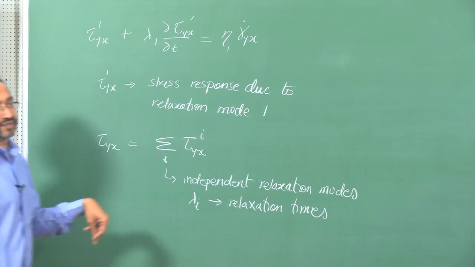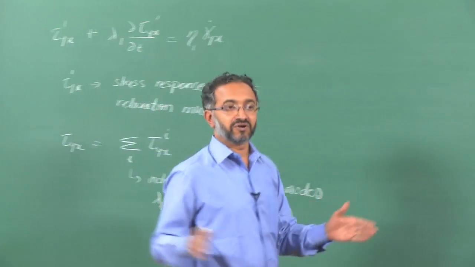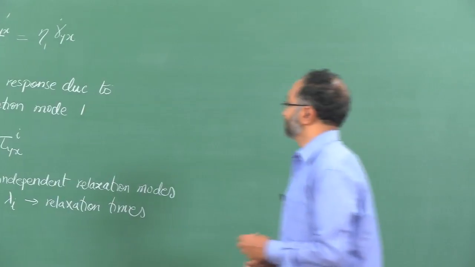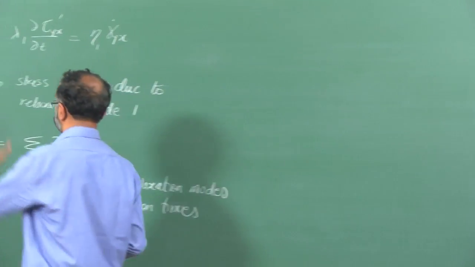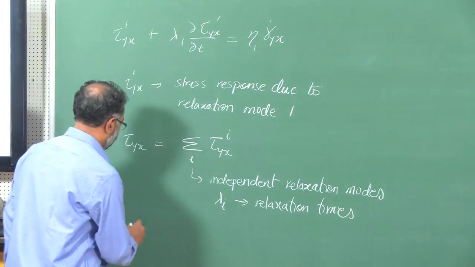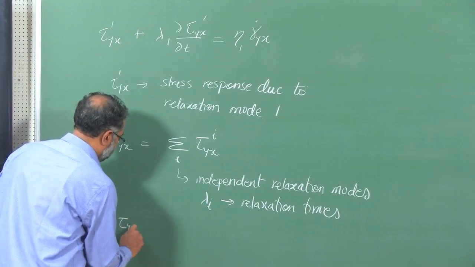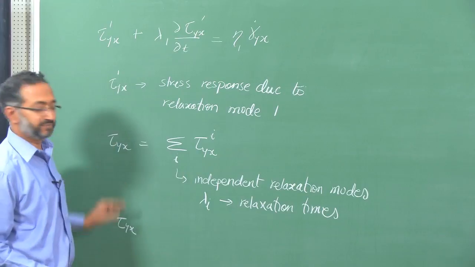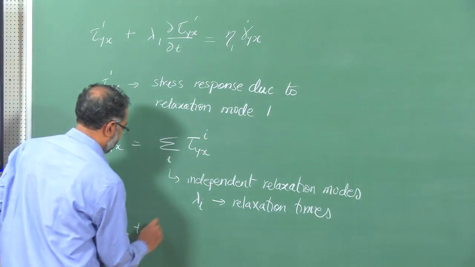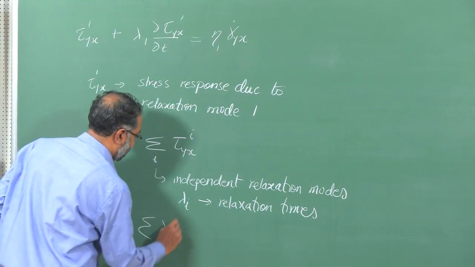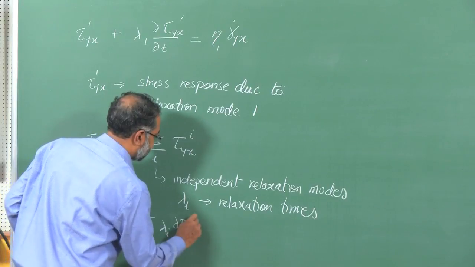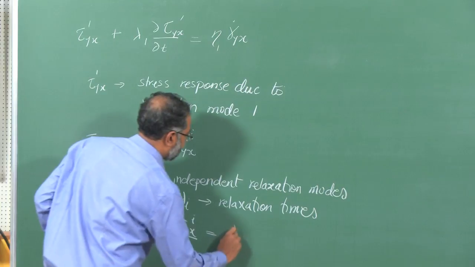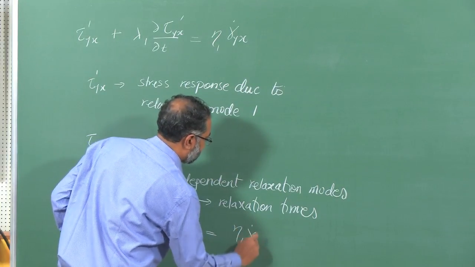So, therefore, we can sum the contribution due to all such modes, and we get what is called the generalized Maxwell model. So, when I sum all of them, tau ix1, tau ix2, all of them sum together will give me this, plus summation of lambda I del tau ix I by del t is equal to eta I gamma dot yx.